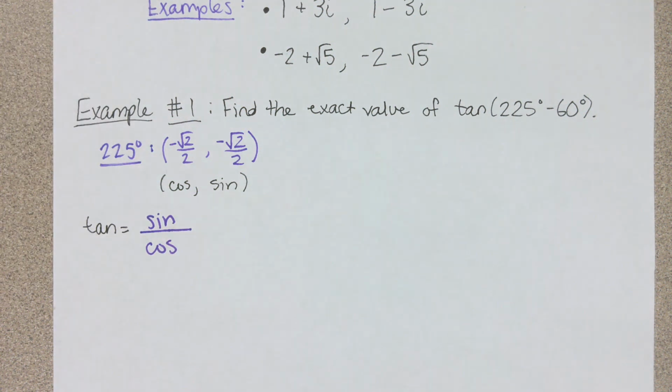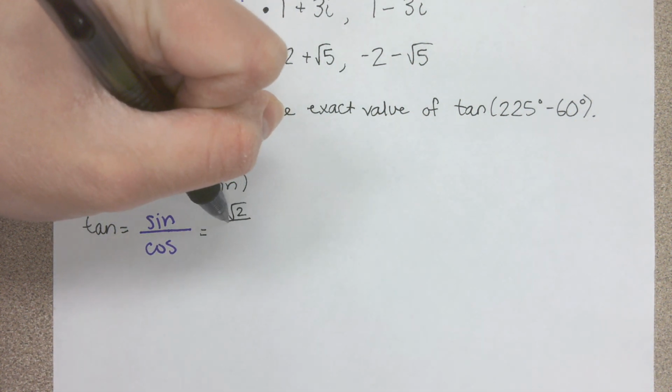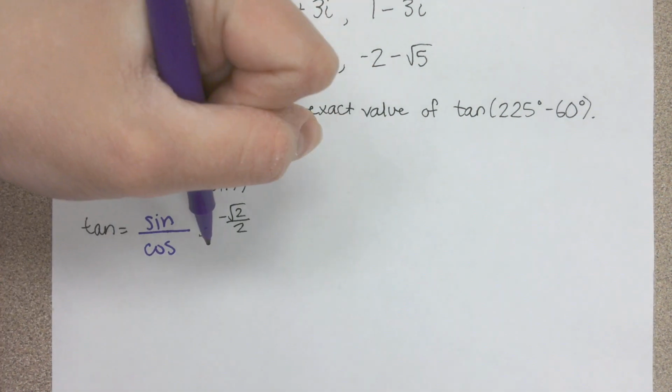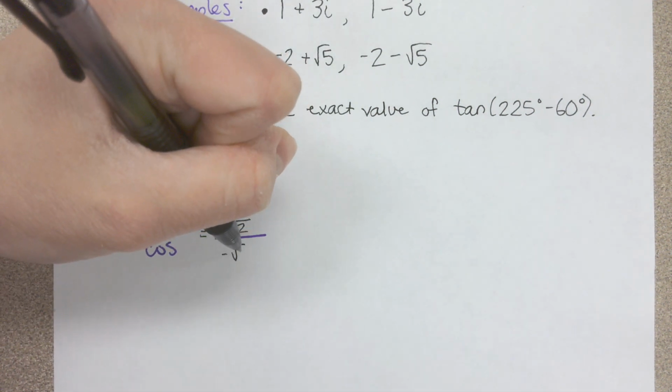So it's not as simple as just pulling out one number or the other as it is in the sine and cosine problems. We have to make a fraction out of it. This is what makes the problems a little more complicated to solve. Sine over cosine. So we have negative rad 2 over 2 over negative rad 2 over 2.